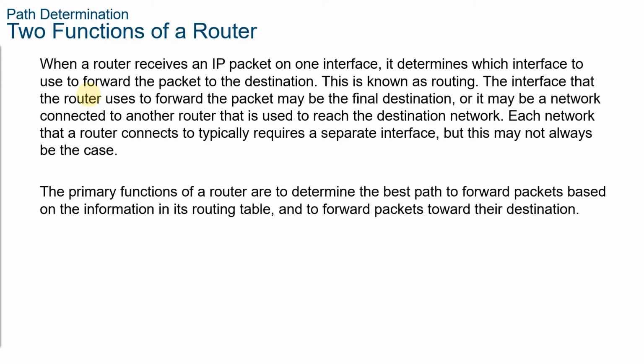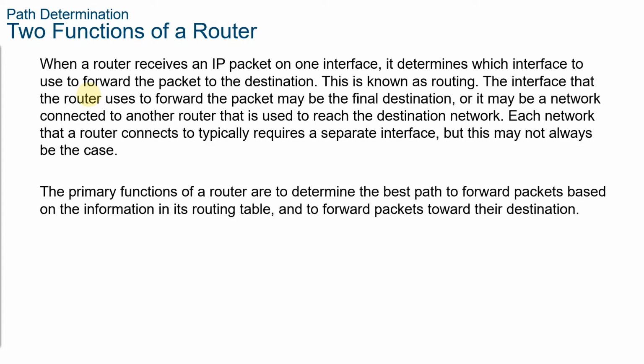Routers, on the other hand, connect multiple networks, which means that a router has multiple interfaces, each connected to a different IP network. When a router receives an IP packet on one interface, it determines which interface to use to forward the packet to the destination. This is known as routing.